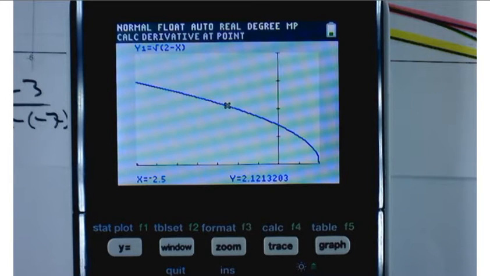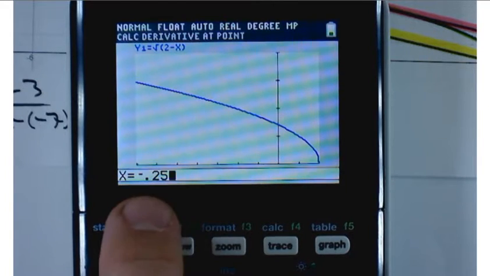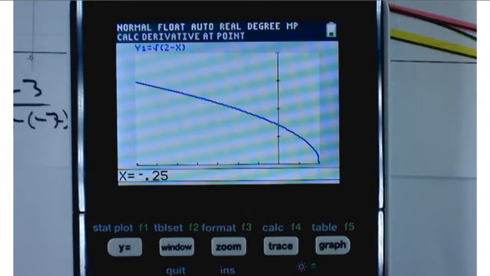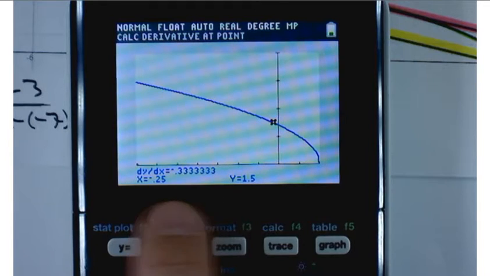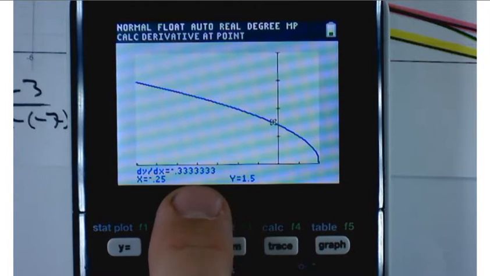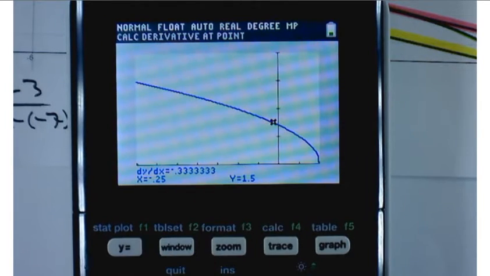Just type in -0.25. As soon as you touch a key, it's going to open up this line down on the bottom. When you press enter, it should give you the value of the derivative and the coordinates of the point. So there's the coordinates of the point, -1/4, 1.5. But the value of the derivative, what's that look like? -1/3. Nice. There's nothing wrong with verifying that you got the right answer before you hand in an exam.